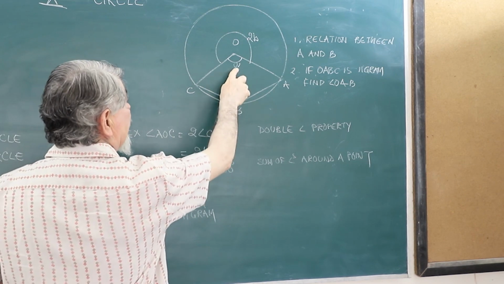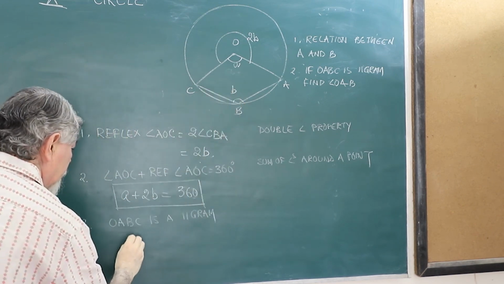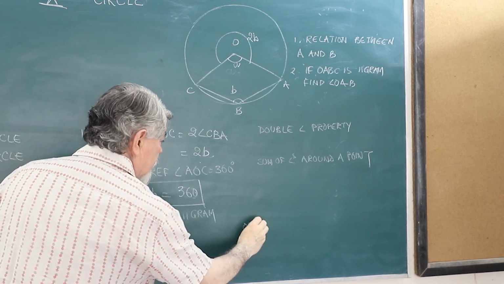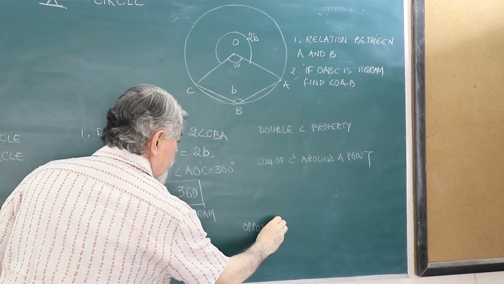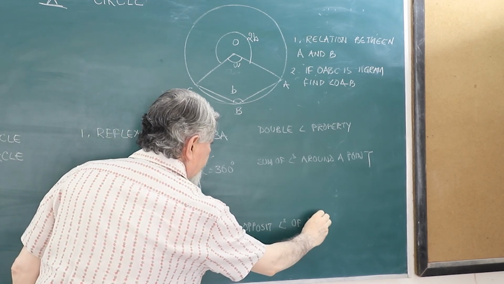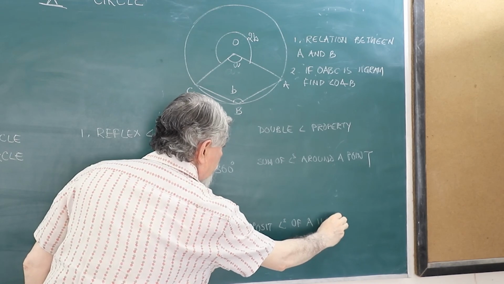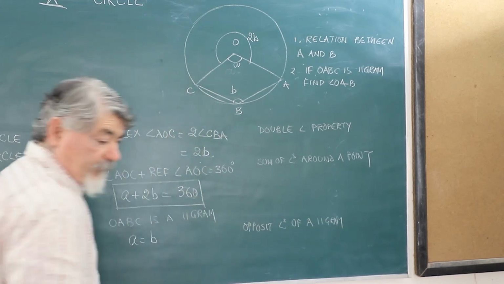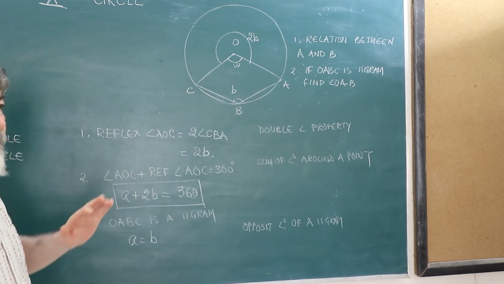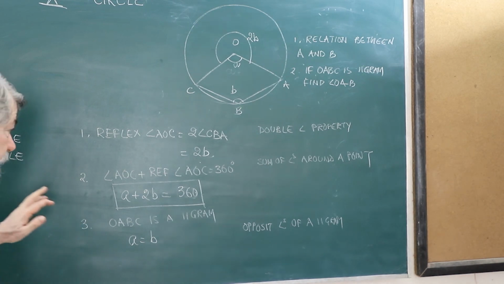So this angle A will be equal to angle B. So A is equal to B. And A plus 2B we had calculated as 360 degree.